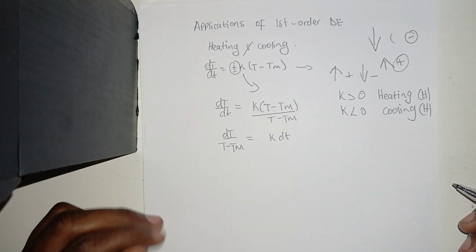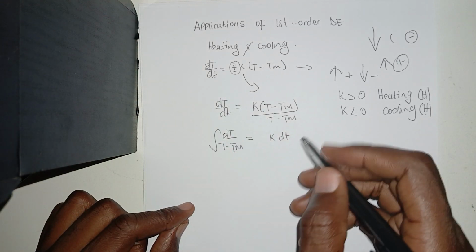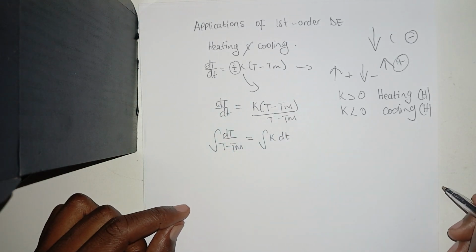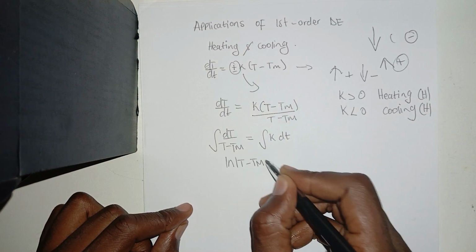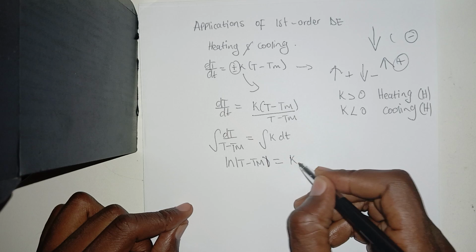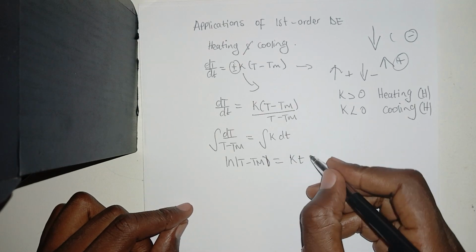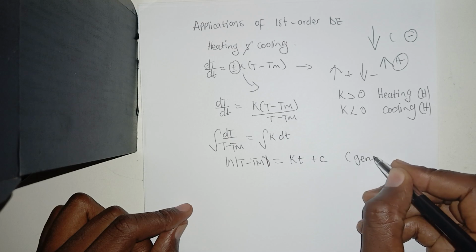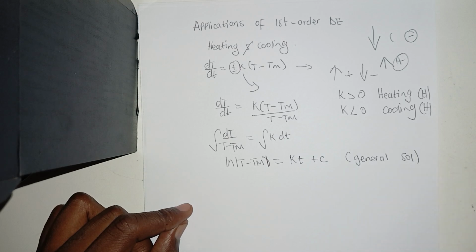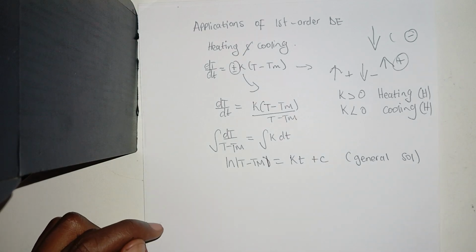Now we apply direct integration, integrating both sides. Then we have ln of (T minus Tm) is equal to kt plus c. This is our general solution.